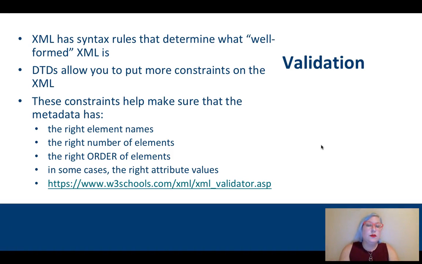XML has rules, as we've talked about, that tell us what a well-formed XML is. And DTDs allow you to take those rules to the next level by adding additional constraints.